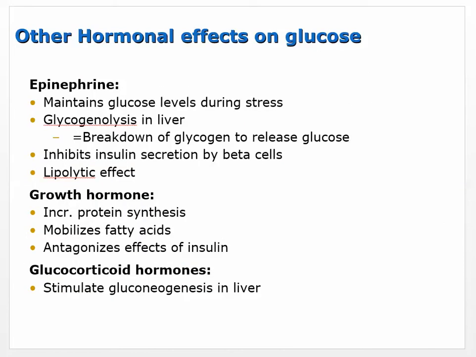Okay, so this slide: epinephrine, growth hormone, glucocorticoid hormones. When we talk about that, we're talking mainly about cortisol, but these can also increase glucose levels. So epinephrine maintains glucose levels during stress, through glycogenolysis in the liver. Remember, glycogen is this chain of glucose molecules. It's a storage form.